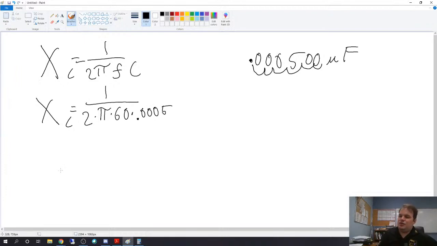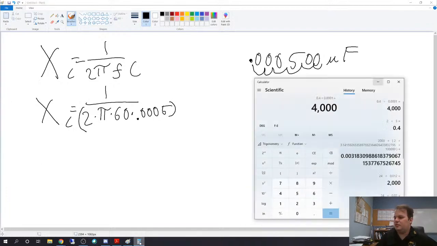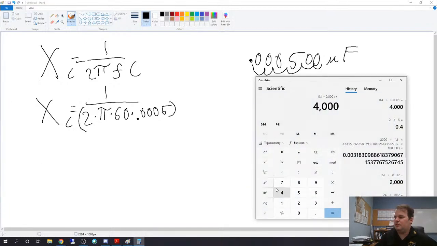All right, now all we have to do is throw some parentheses around here and plug it into the calculator. So that is clear. 1 divided by, open parenthesis, 2 times pi times 60 times 0.0005.